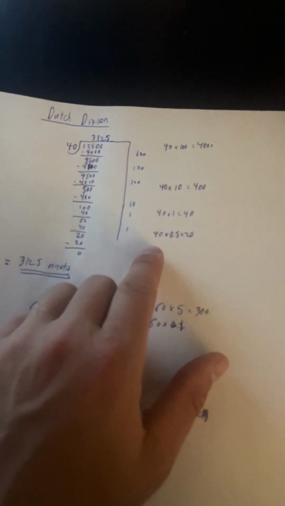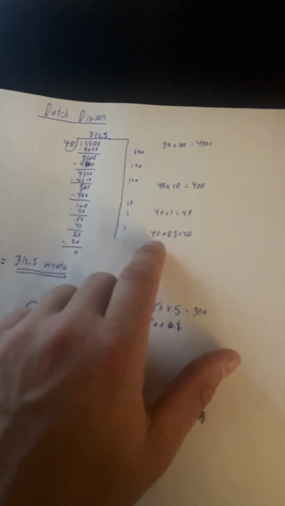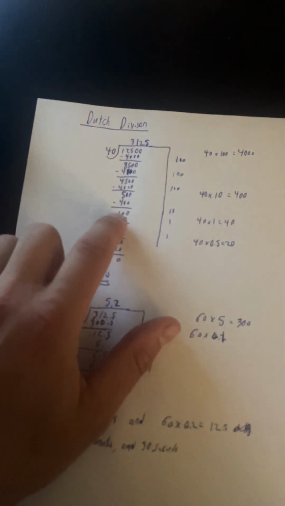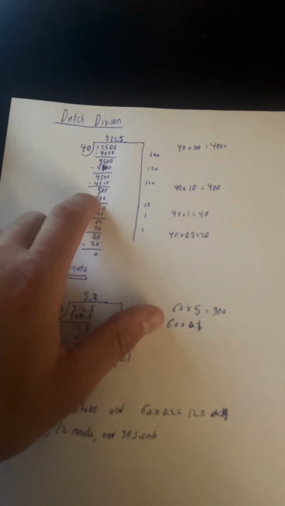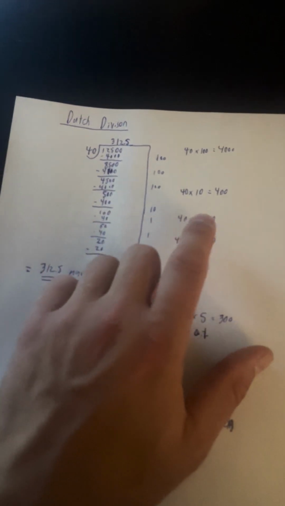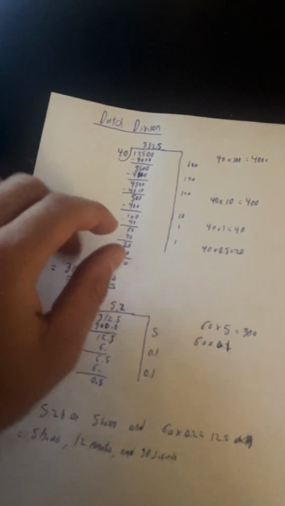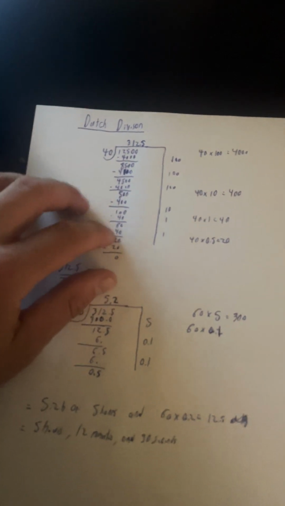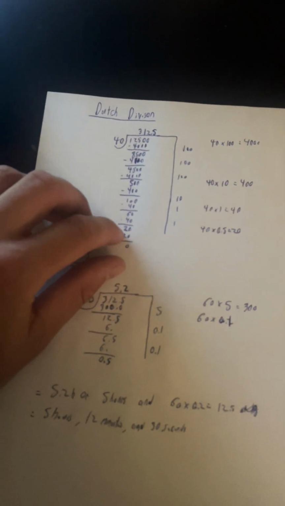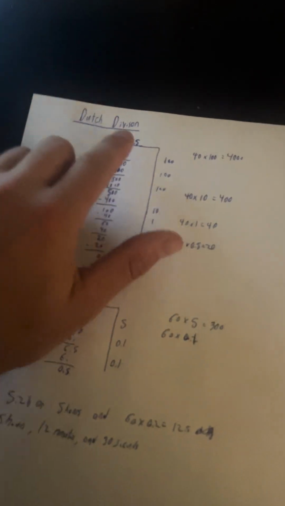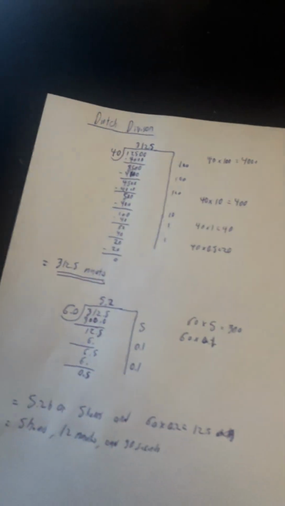And then we have ones. 40 times 1 is 40. Because 500 minus 400 is 100, we want to see how many times we can subtract 40 from 100. We go once, twice, and that leaves us with 20. Because we were able to do it twice, we put 2 in the ones column.